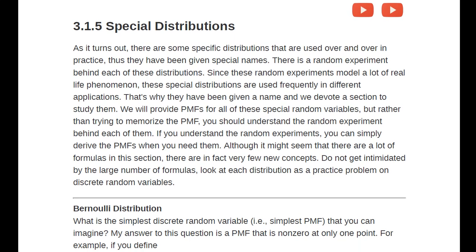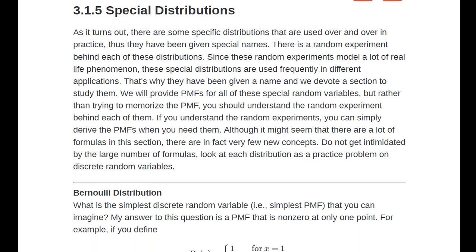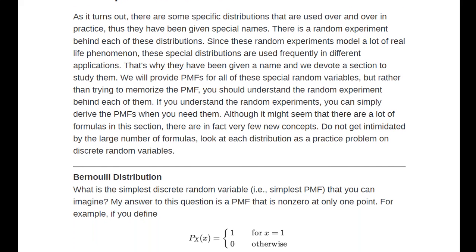Special distributions. As it turns out, there are some specific distributions that are used over and over in practice. Thus, they have been given special names.